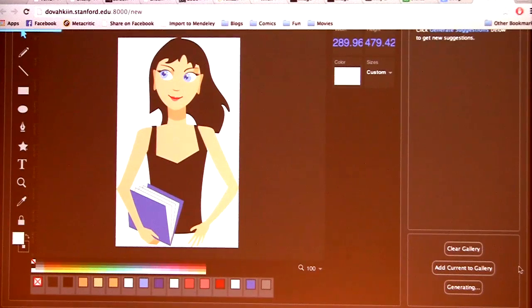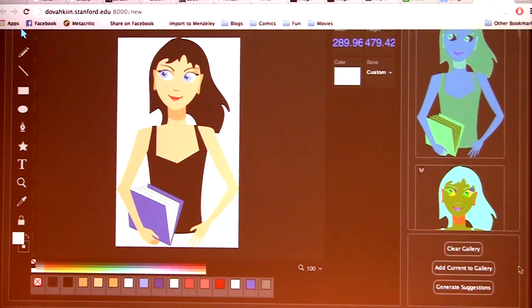So we're now generating suggestions, and we get a lot of zombie-like colorings of this character.